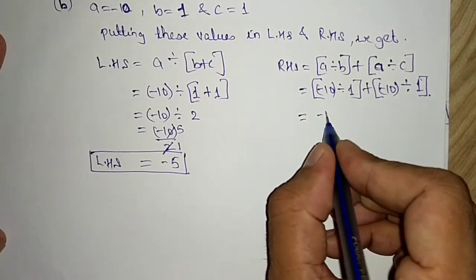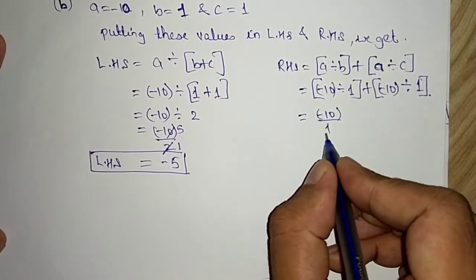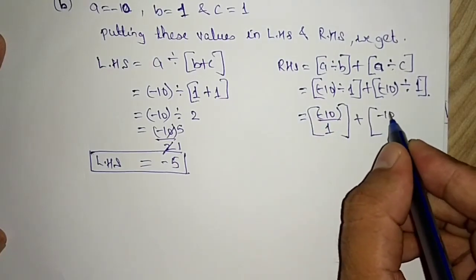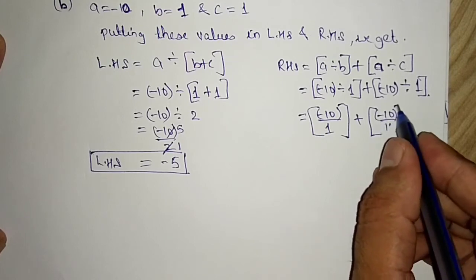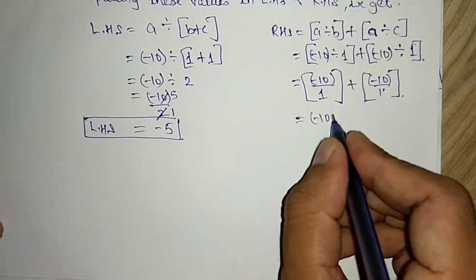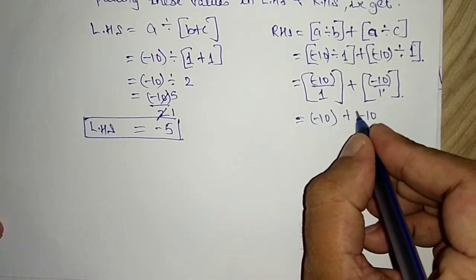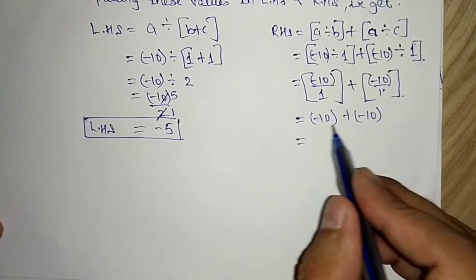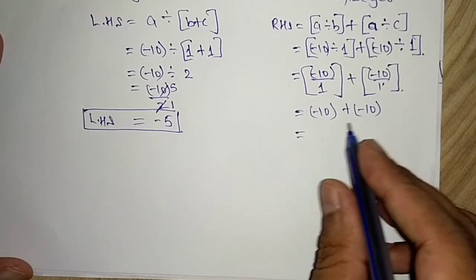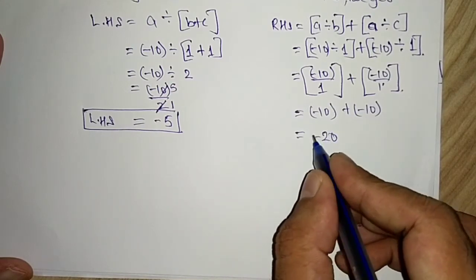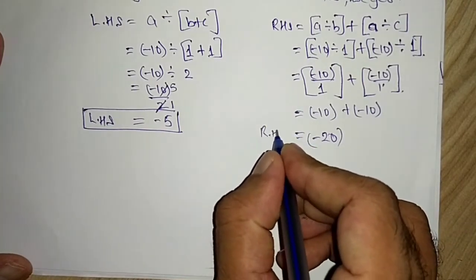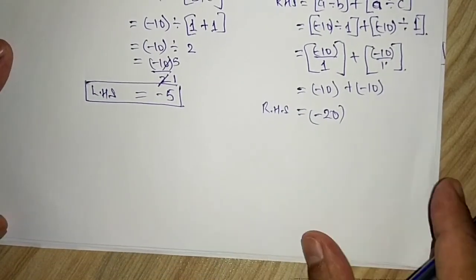Anything, students, anything divided by 1 will give us the same number. -10 divided by 1, so we will get -10 plus -10. So we are adding two integers with the same sign. So we will add 10 plus 10 is 20 and keep the common sign, that is -20. So we got RHS is equal to -20.